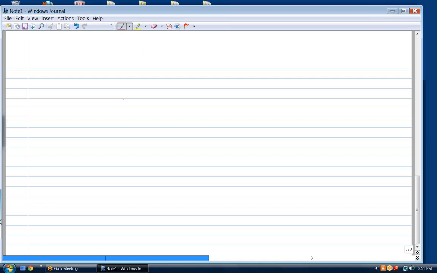Let's cover a rule of exponents, because the moment you start working with radicals, well, hold on a second, let's do a couple of problems. Let's solve this equation.